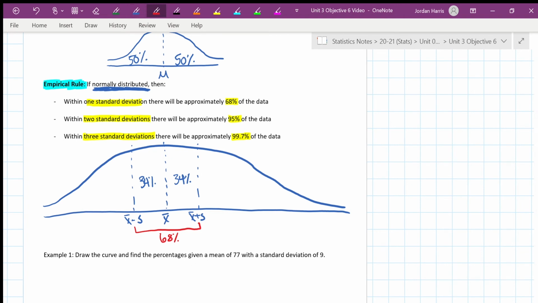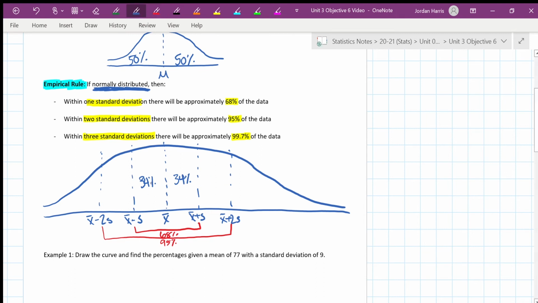Go 1 more standard deviation to both sides. And notice since the bell curve kind of moves down on both sides, it's taking up a little bit less area each time. So now we're going 2 standard deviations away, 2 standard deviations to both sides. The total area here is 95%. 2 standard deviations is 95, so all of the area has to add up to 95.